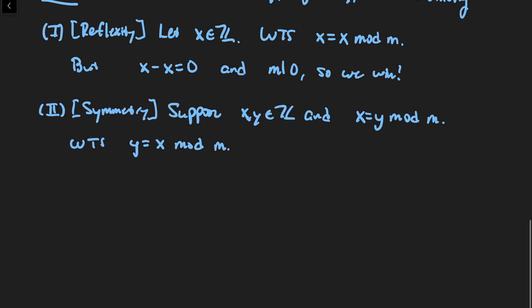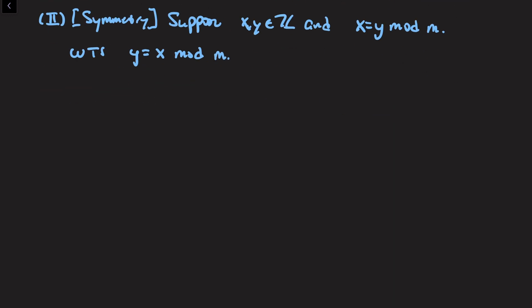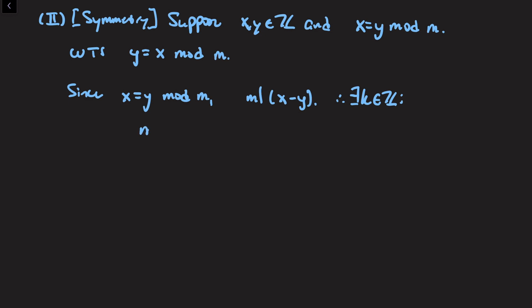Well, if x equals y mod m, that means that m divides x minus y. And what this really means is that there is some k in the integers such that mk equals x minus y.